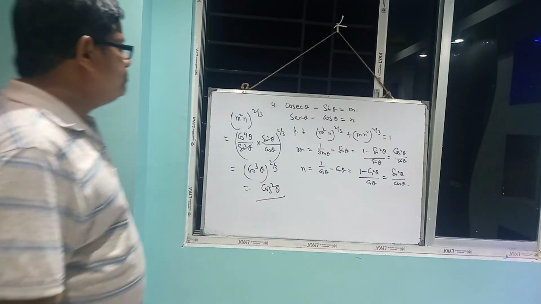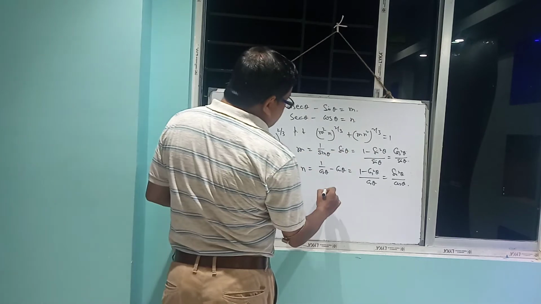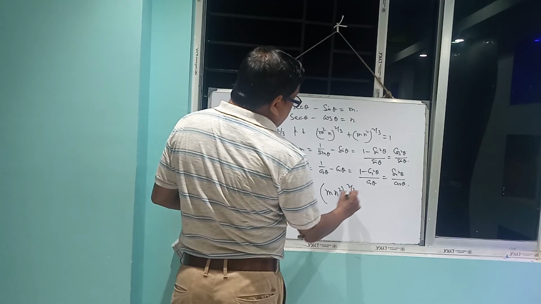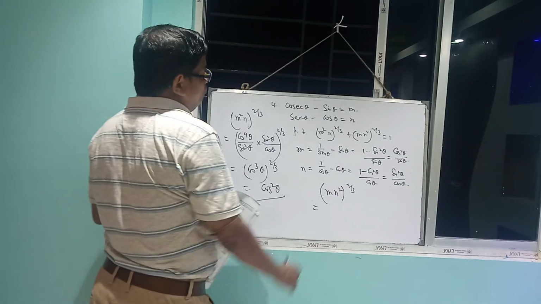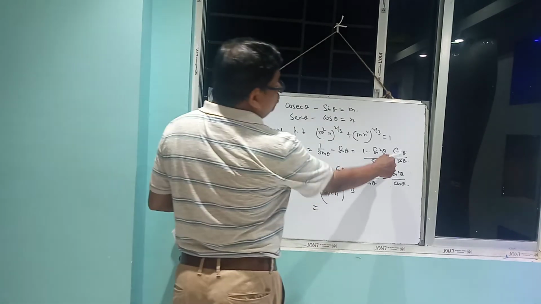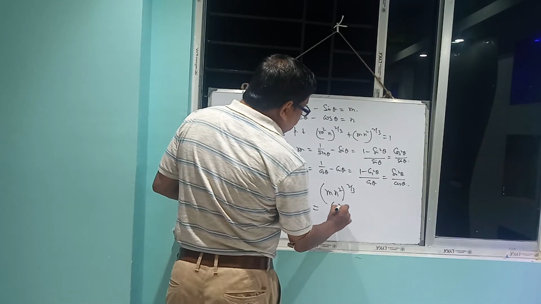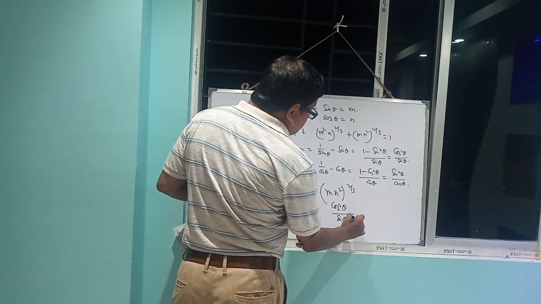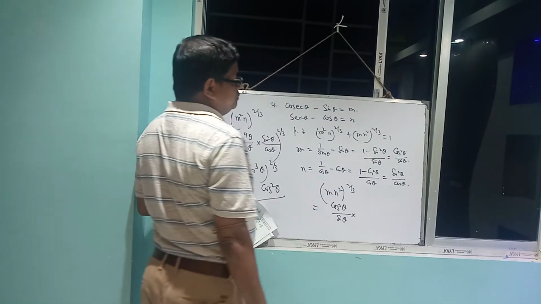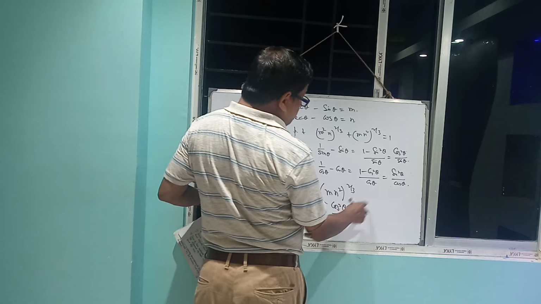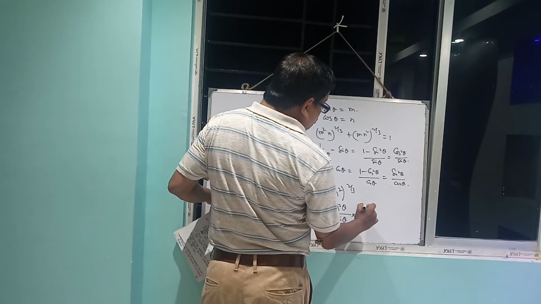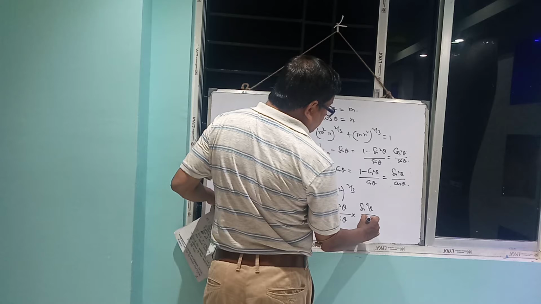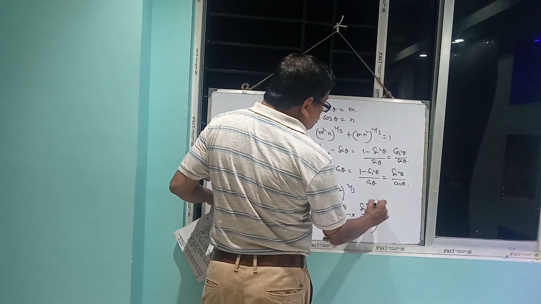Similarly, find (m n square) whole 2/3. We put m as cos square theta by sin theta into n square, which is sin to the power 4 theta by cos square theta, whole 2/3.